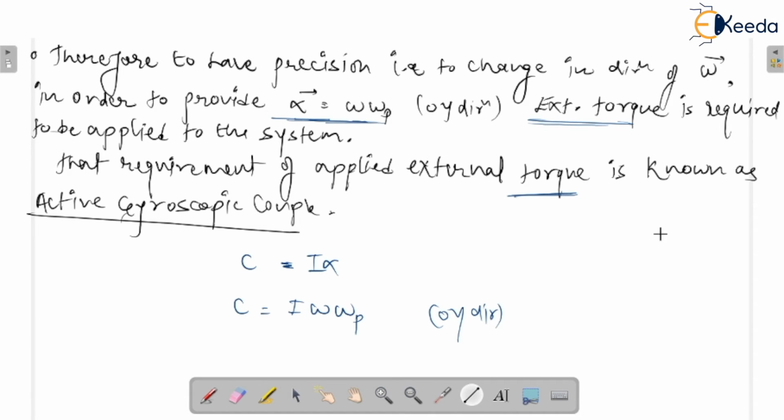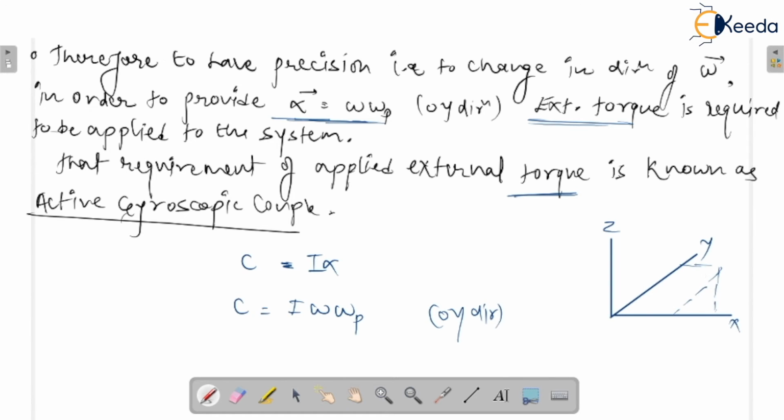If you are not able to understand the directions, let me draw the diagram again. This is the x direction, this is the y direction, and this is the z direction. There is a rotation of the body like that.